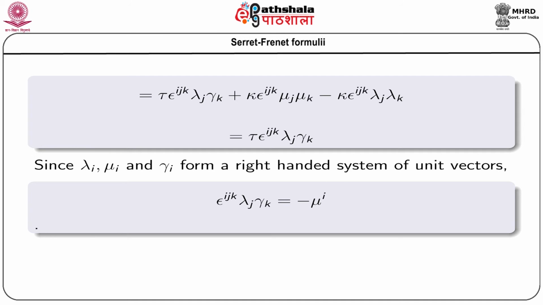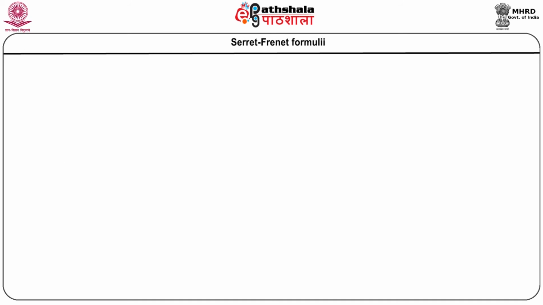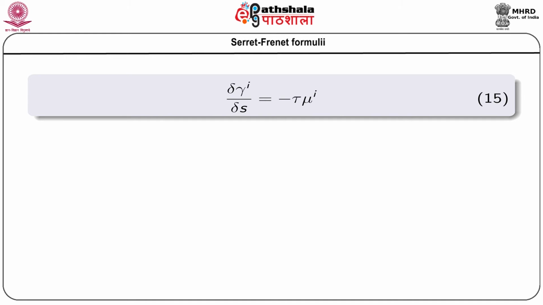We have ε_ijk λ_j γ_k equals minus μ_i. So this expression comes to ∂γ_i/∂S equals minus τμ_i.